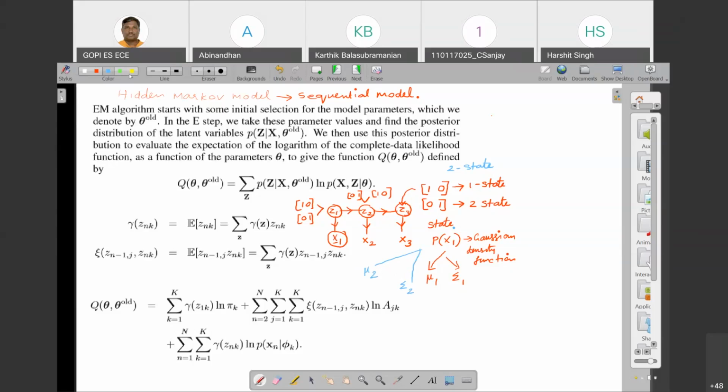So these are all the unknown parameters. We can list them out: mu1, sigma 1, mu2, sigma 2. In this case, all are related to the state. The subscript indicates the state.